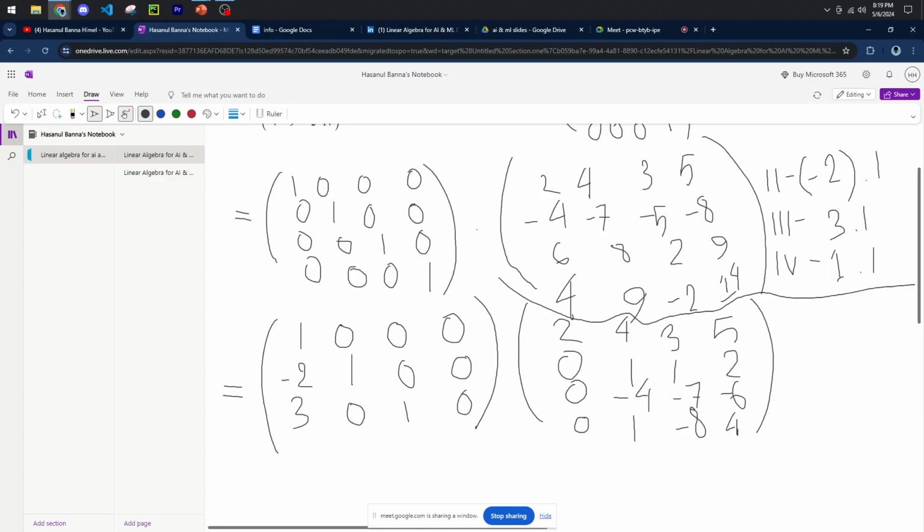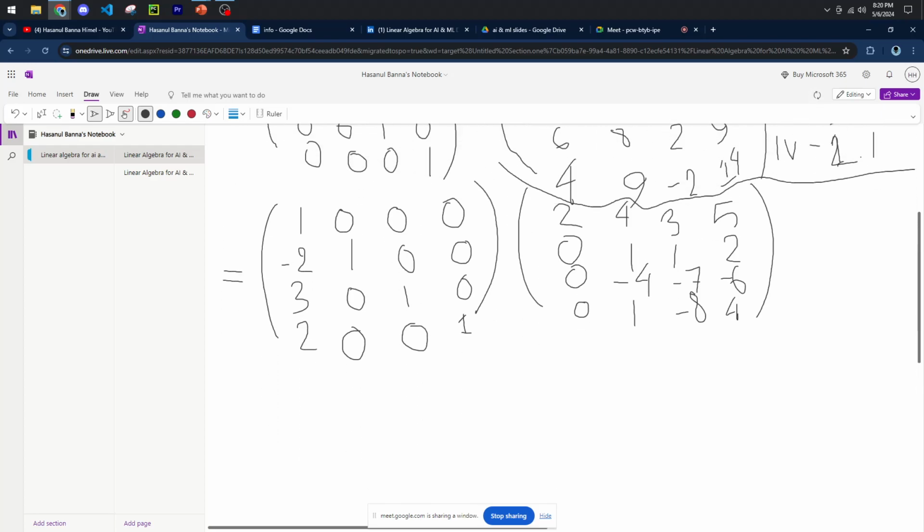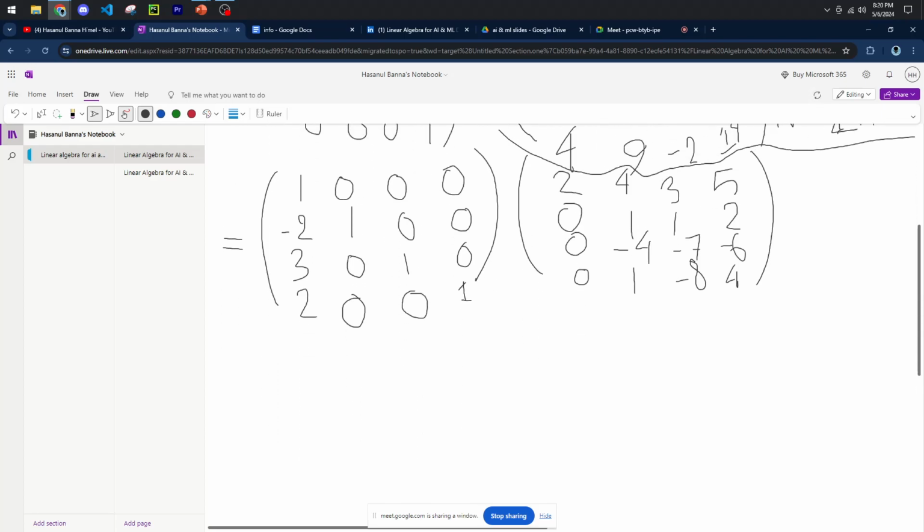Here we multiplied it with 1. My bad, we are multiplying this 2 by 2, sorry for that. We will get 2, and here 0 0 and 1. Now we got our first column 0 except our 1 1 element.